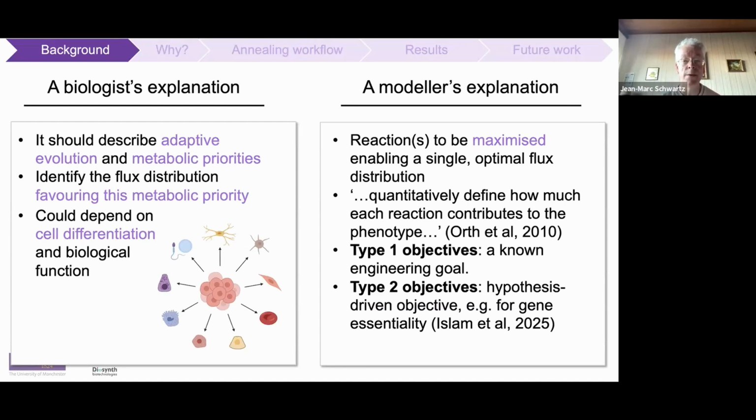So in this case, the objective is actually tweaked towards what we want to see the cell doing. So that would be a type 1 objective according to this new definition, and type 2 objectives would be more things like hypothesis-driven objectives. For example, we assume that the cell maximizes its growth or maximizes its ATP production or other objectives like this.